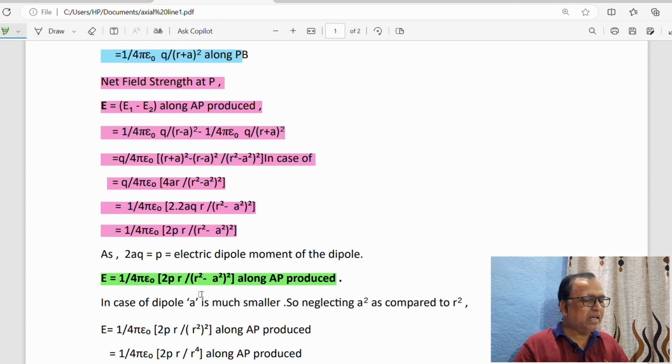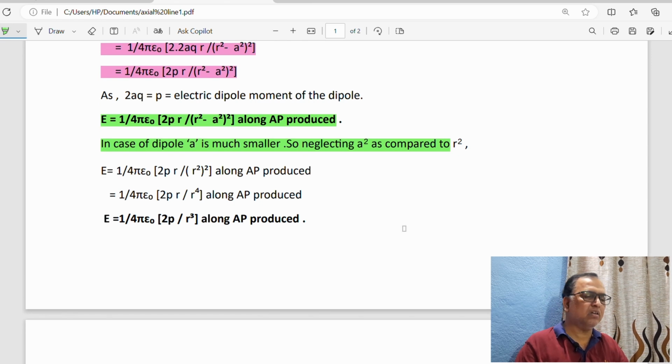But in case of a dipole, a is very much smaller than r, so neglecting a square as compared to r square, E is equal to 1 by 4 pi epsilon naught 2pr by r square whole square along AP produced, which is 1 by 4 pi epsilon naught 2pr by r to the power 4.